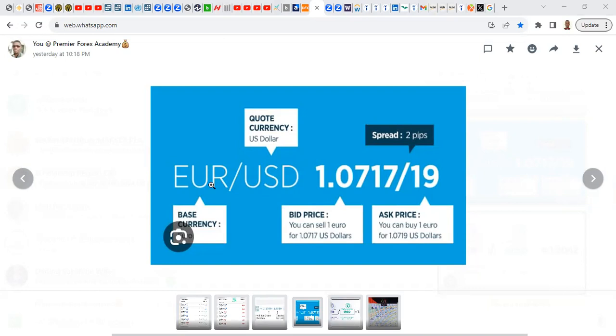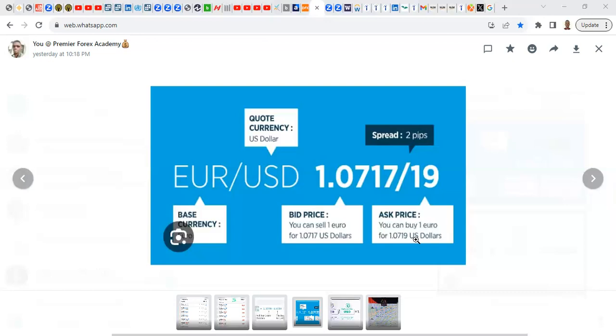So if it's in the case of Naira USD, the bid price would be 900, while the ask price would be $1. Do you understand? So in a currency pair of Naira USD, the bid price would be 900 and the ask price would be $1.